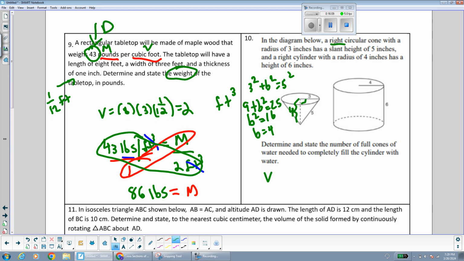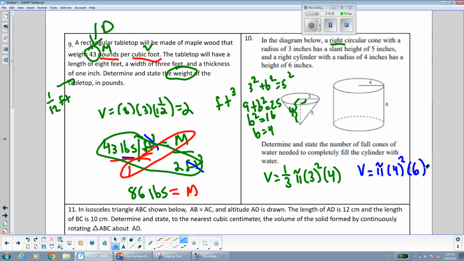So the volume of the cone is 1/3 pi r squared times height. And the volume of the cylinder is pi r squared times height. I'm going to just put the numbers into the calculator for now to see if I can make this simpler.